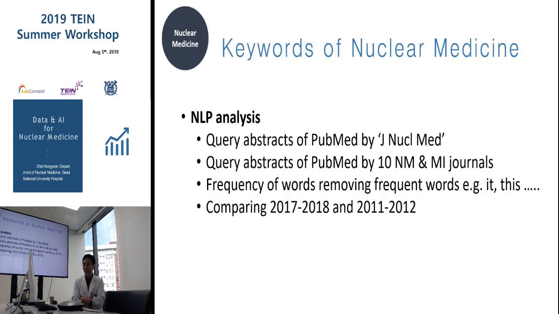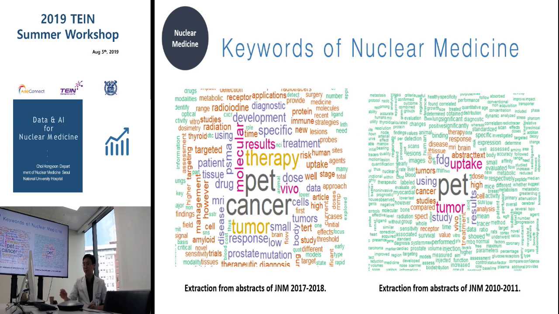I extracted the keywords of nuclear medicine using natural language processing analysis, and I extracted the words from the Journal of Nuclear Medicine and the other top 10 nuclear medicine and molecular imaging journals. The frequency of words was analyzed and compared between 2018 and 7 years ago.